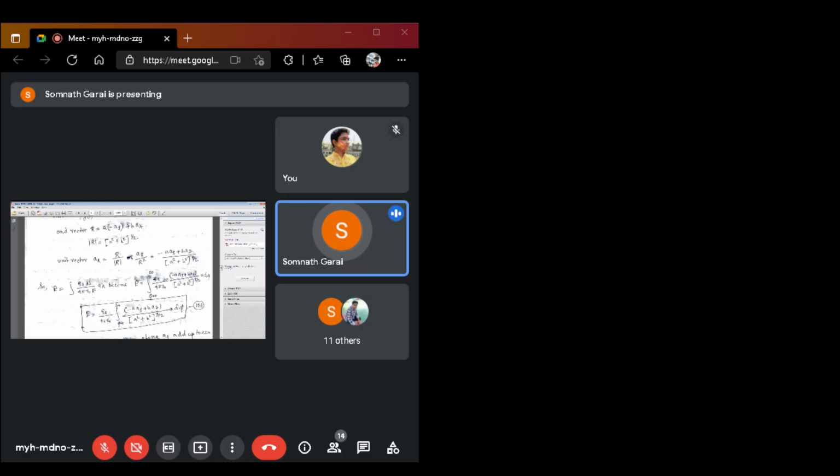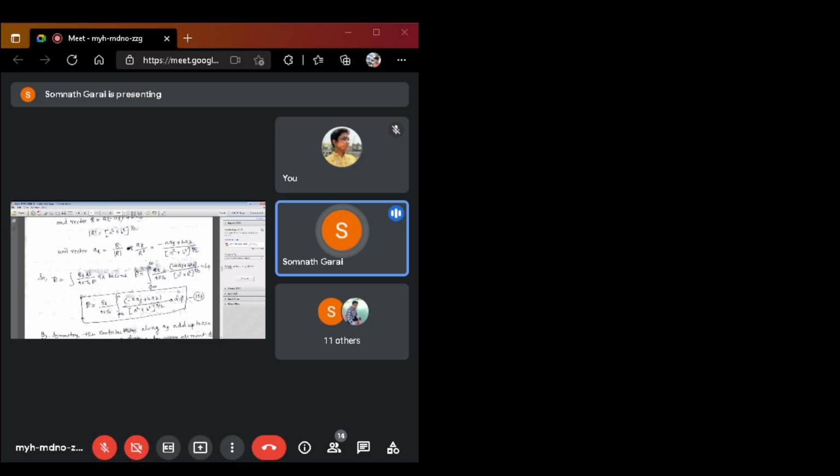So ar is equal to minus a rho plus h az divided by a square plus h square to the power 3/2, into a dphi. Now we can express the electric field intensity with this equation: E equals rho L divided by 4 pi epsilon naught, integration over phi from 0 to 2 pi, of the vector minus a rho plus h az divided by a square plus h square to the power 3/2, into a dphi.